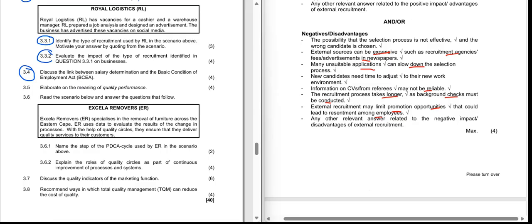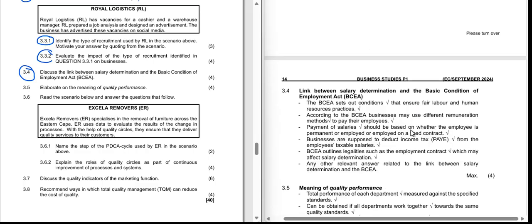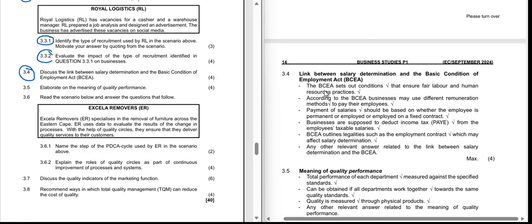So what is the link between these two? The Basic Conditions of Employment Act sets out conditions that ensure fair labor and human resources practices. So what they are trying to say here is that the issue of salary determination is also addressed by the Basic Conditions of Employment, because you have to give someone a salary that is fair, for example.